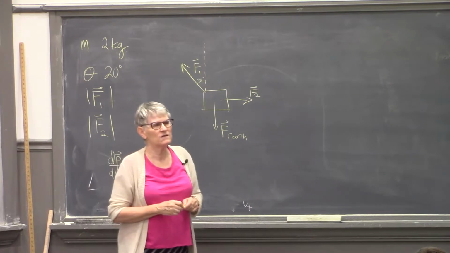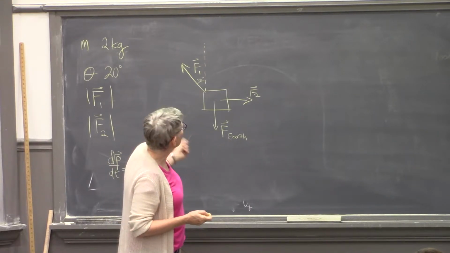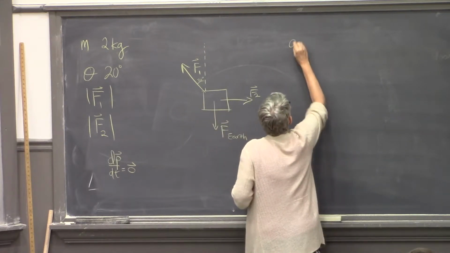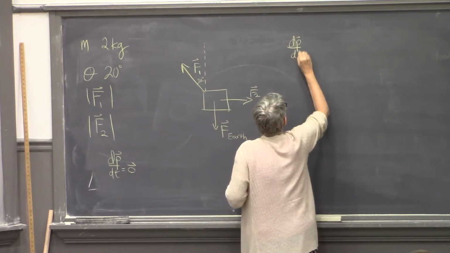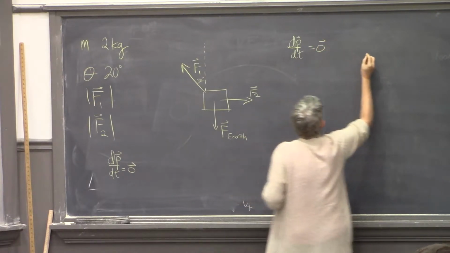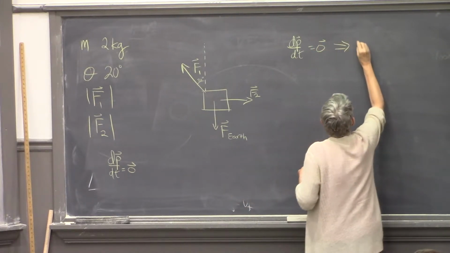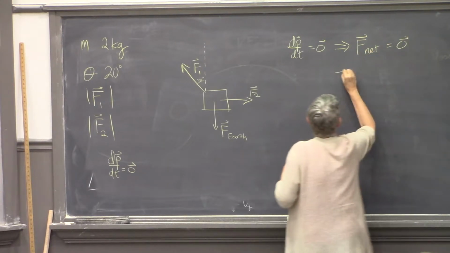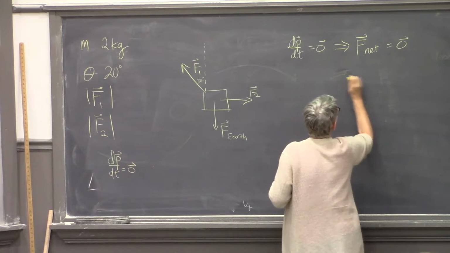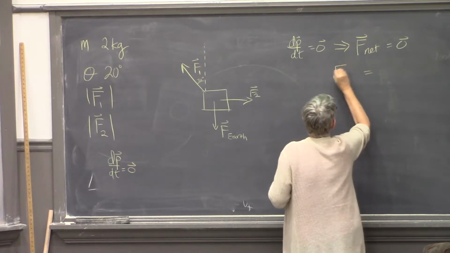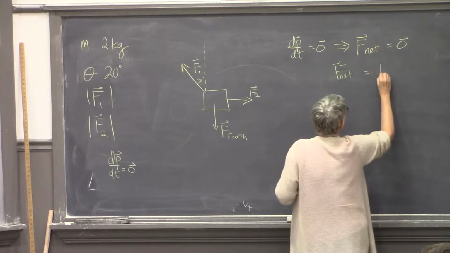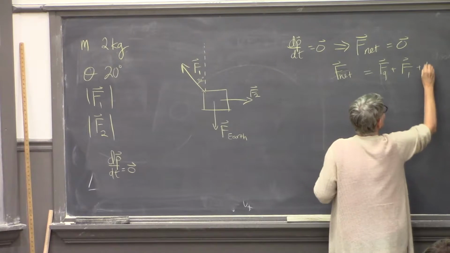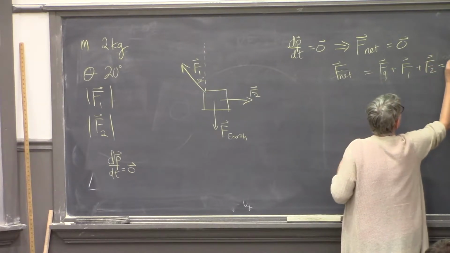And even though what we have are vector relationships, we have the fact that dp/dt equals 0, which tells us that F net is also 0. F net is equal to the gravitational force plus F1 plus F2, and it's equal to 0.